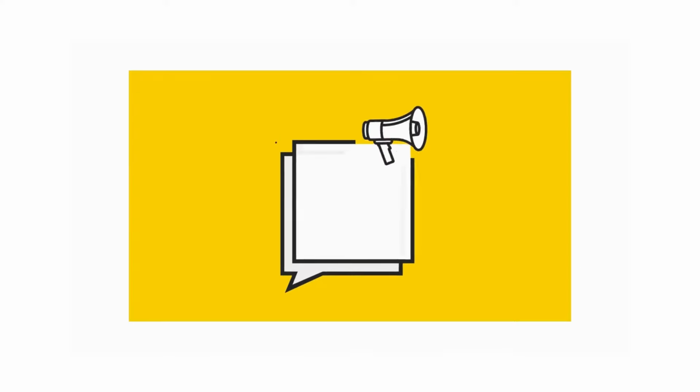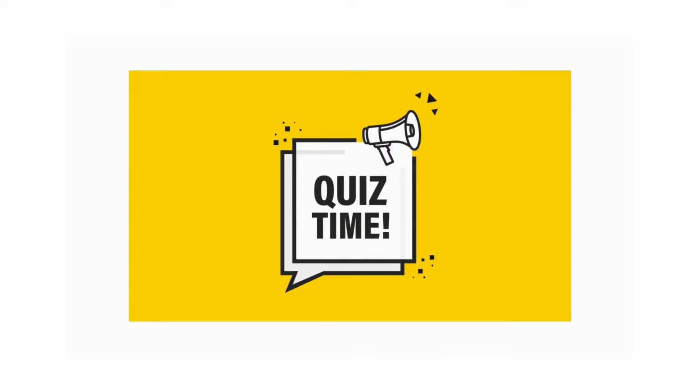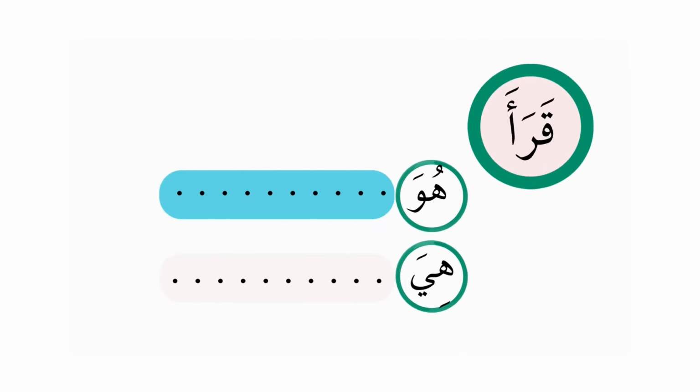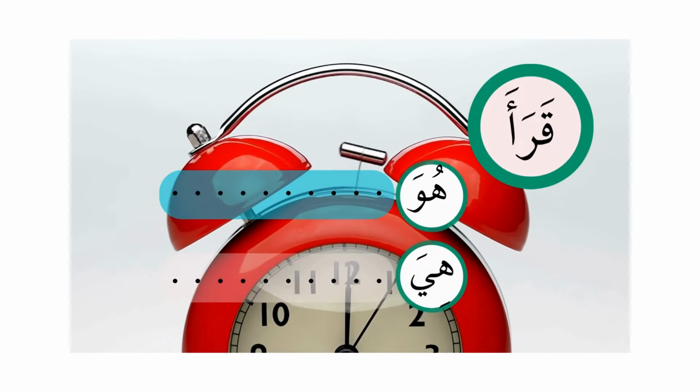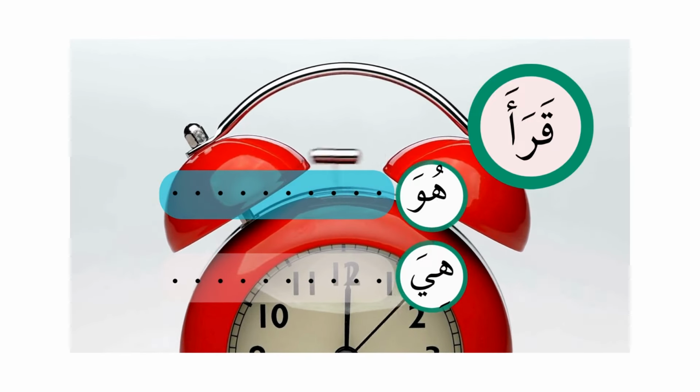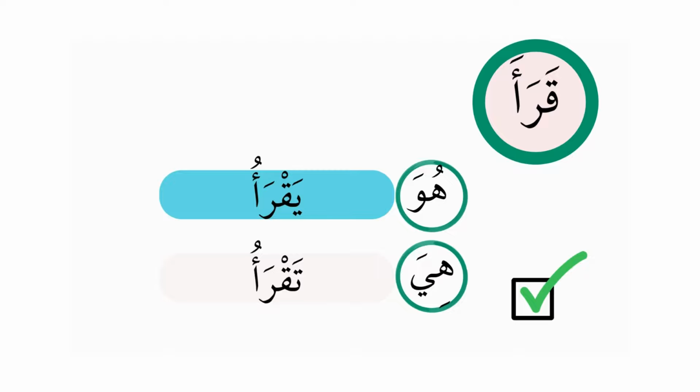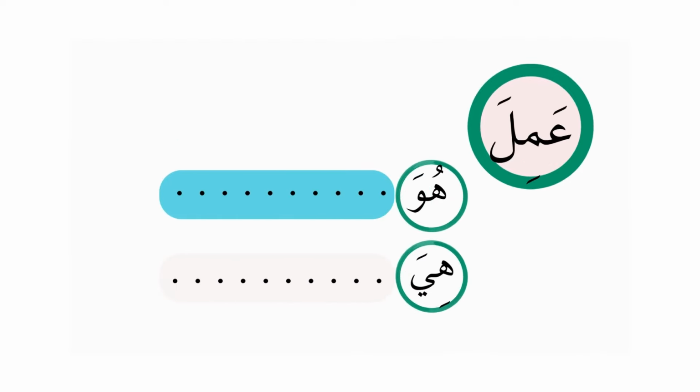Now my friends, it's time for a quiz. Hope you're ready. Conjugate the verb قرأ with the pronoun هو and هي. Take your time to think about it, then say your answer out loud. Our answer is هو يقرأ، هي تقرأ. You got it right. This time, conjugate the verb عمل with هو and هي.